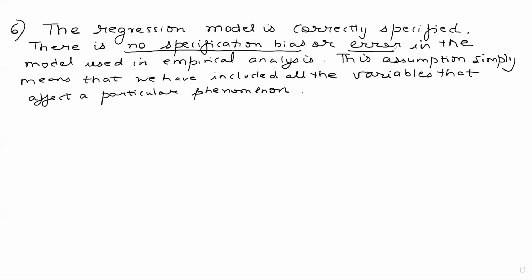All factors which can possibly affect demand have been taken into account. And since we have taken all the relevant variables, it means that there is no specification bias. Because remember, specification bias will occur when you are adding an irrelevant variable or when you are dropping a relevant variable.